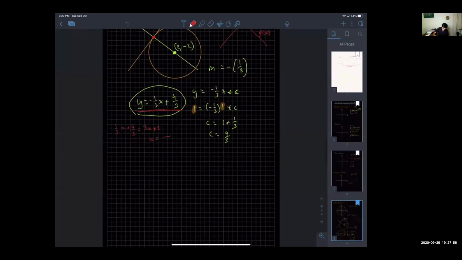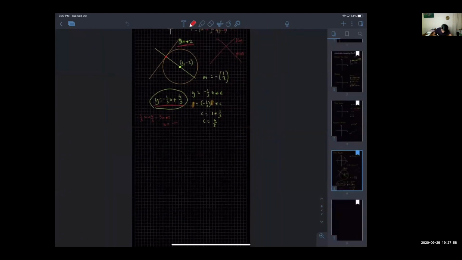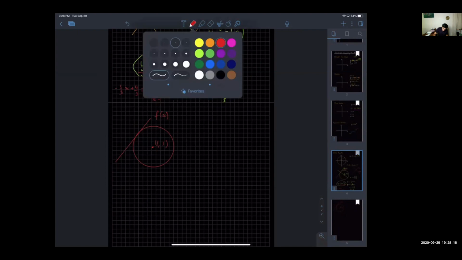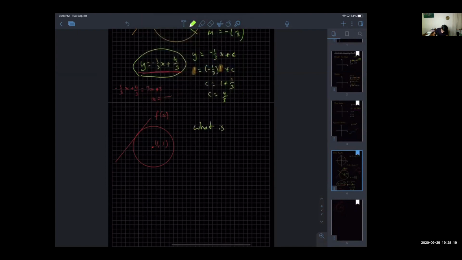If the question asks about a circle and a tangent, and it says the center is at 1, 1 and the tangent is f of x, the question is: what is the point of meeting between the tangent and the circle?